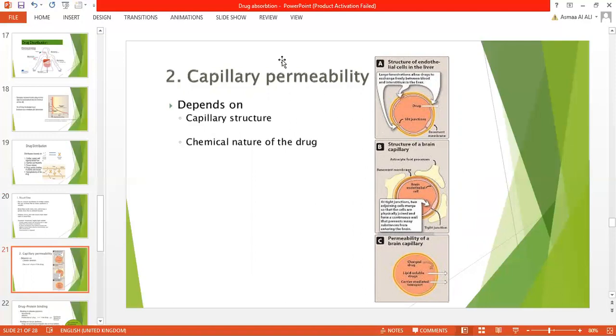Here is the drug, and here the slit junction and membrane. Large fenestrations allow drugs to move between the blood and interstitium in the liver. And here is the structure of endothelial cells in the liver and the structure of a brain capillary, and here the permeability of a brain capillary.